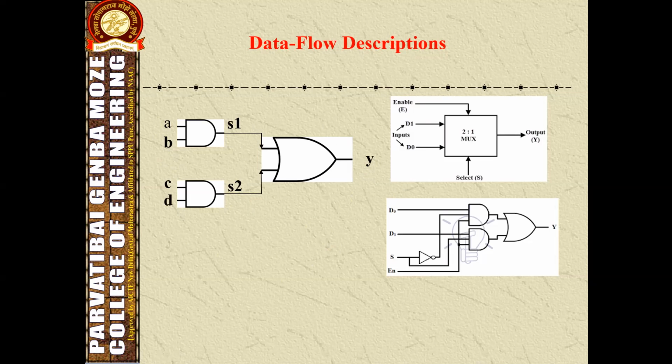In the architecture part, S1 and S2 should be declared as signals. These two are of bit type data. We have to assign it like that.